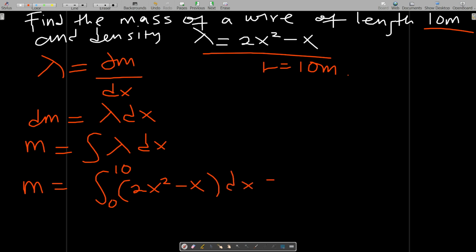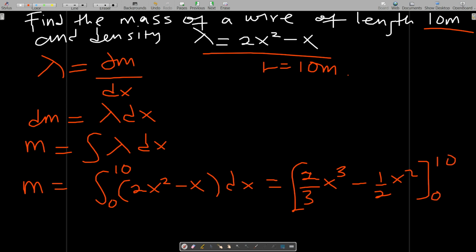Alright, so this is simply equal to 2 over 3 x cubed, minus 1 over 2 x squared, all running from 0 to 10. So the mass is just calculating this. It's 2 over 3 times 1000, because when I put 10 in place of x, I get 10 cubed, which is 1000.